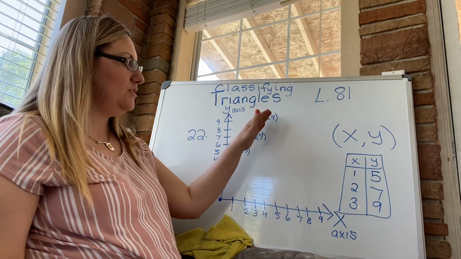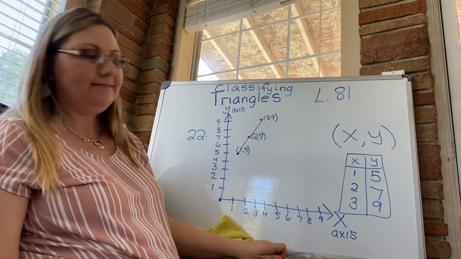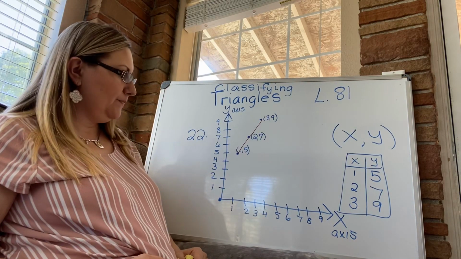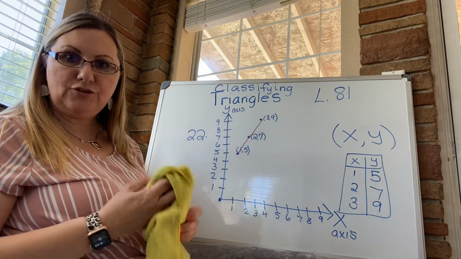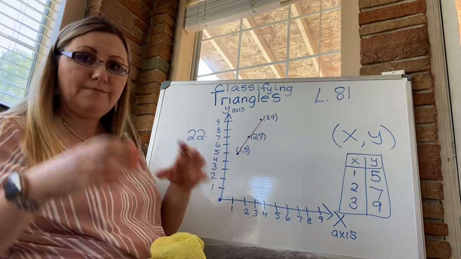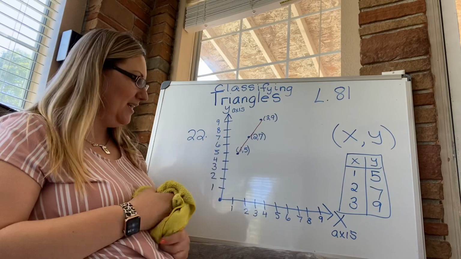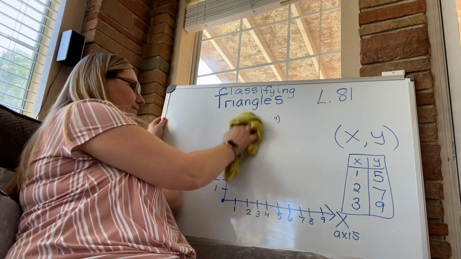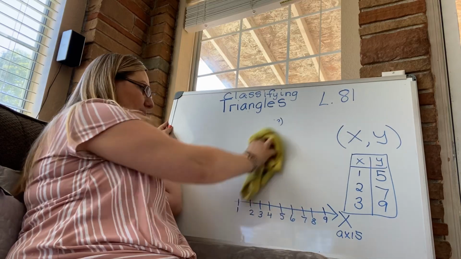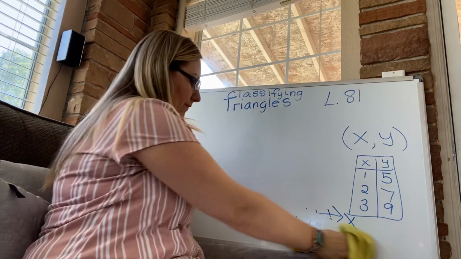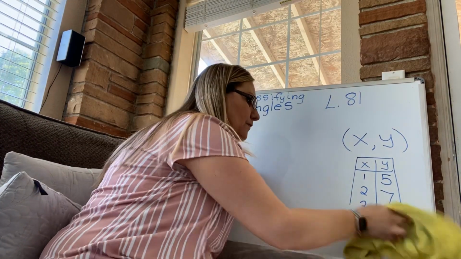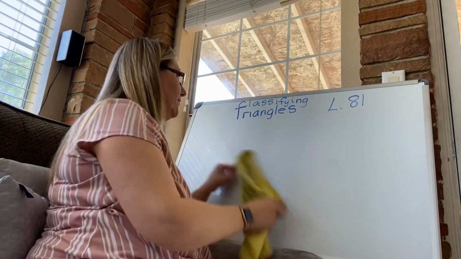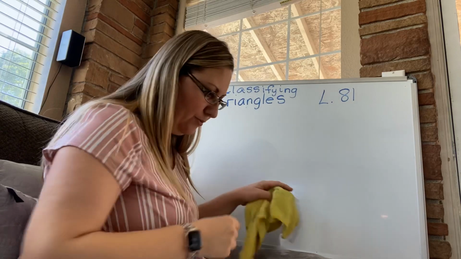And then this will always become a line. Okay, how fun. All right, so take a good look at that. Make sure you have this down in your box for number 22. And I'm going to erase it now. Okay, so that was number 22.